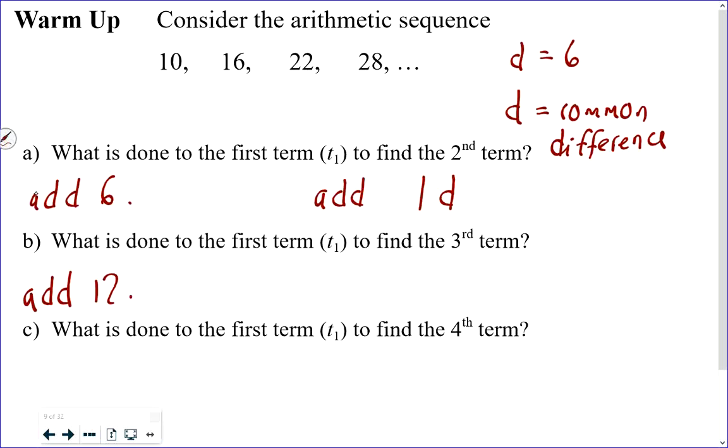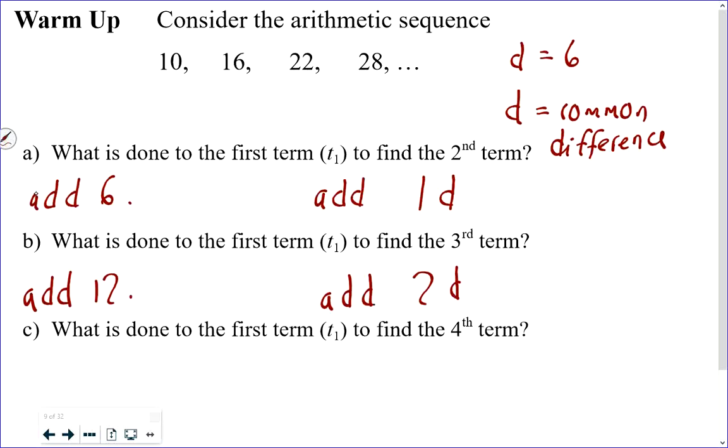Well, you add 2 common differences. And I want you to notice, I'm not going to write this down because it'll get too confusing, that if you're after the second term, you take that number 2 and subtract 1 to get how many common differences. If you're after the third term, you subtract 3 minus 1 to get 2 common differences. So you're adding n minus 1 common differences.